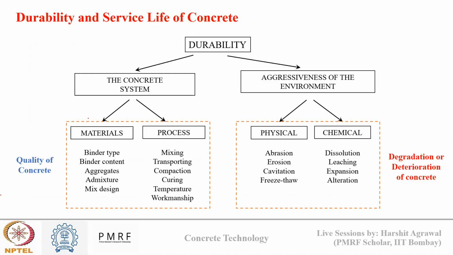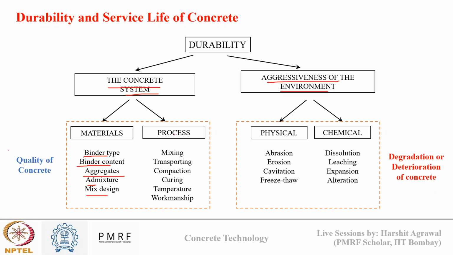So durability is a function of both concrete system as well as the aggressiveness of the environment. In concrete system, it is governed by the quality of concrete, which is dependent upon the material used in concreting, like binder type, binder composition, binder content, aggregates, admixture, and the mixture design.